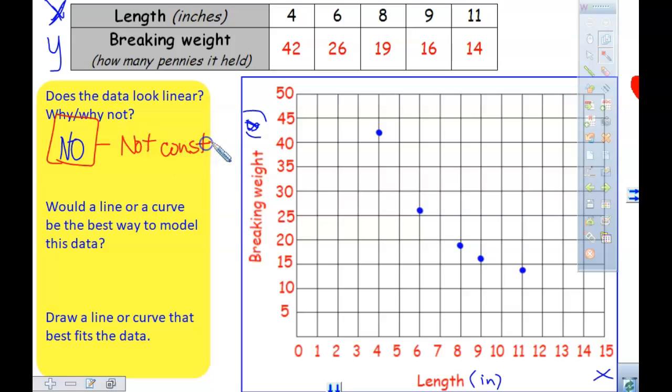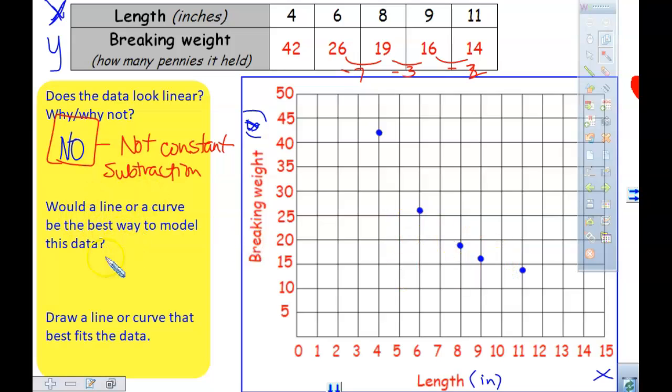And we might say in this case, there is not constant subtraction, right? Because they are subtracting. I can see that from 26 to get to 19, I subtracted 7. But then I go from 19 to 16, that's a subtraction of 3. Then I go from 16 to 14, that's a subtraction of 2. So I can definitely see that it is not the same.